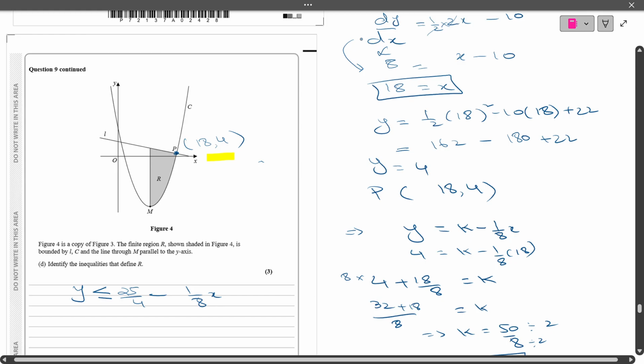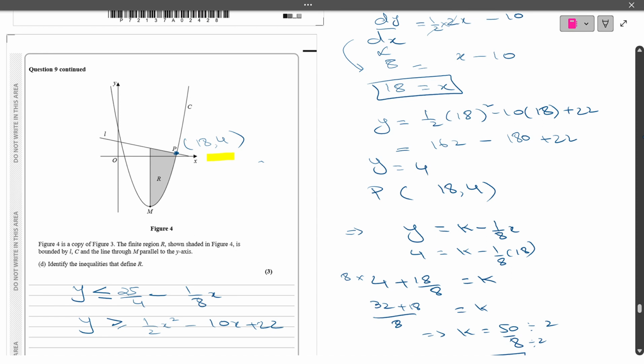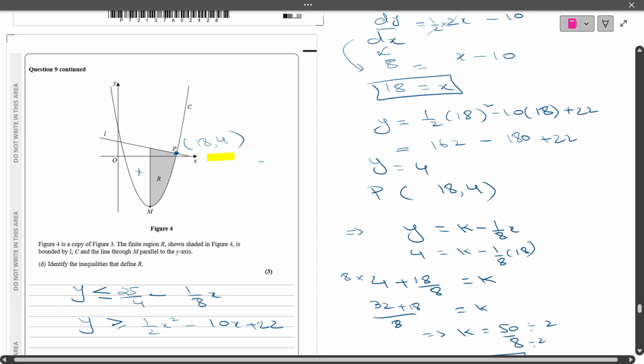Okay, and the region is shaded above the curve, and the curve is greater than or equal to 1 over 2x squared minus 10x plus 22. Right? What else? And then I have this point, because this region is not shaded. Okay, only this is a shaded region.